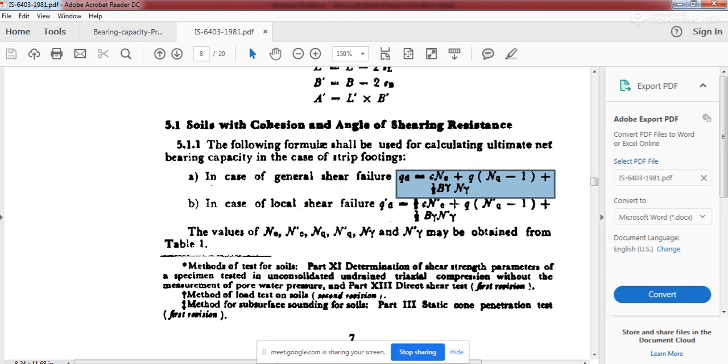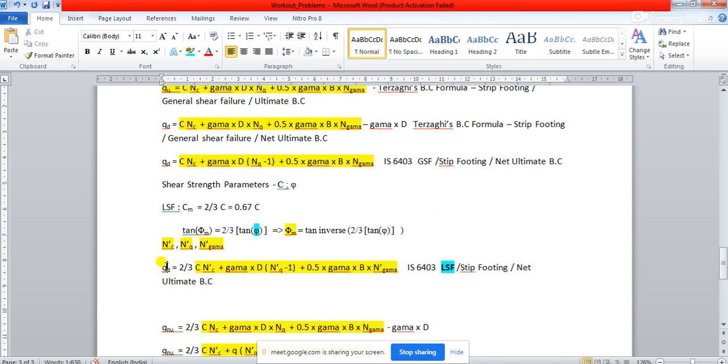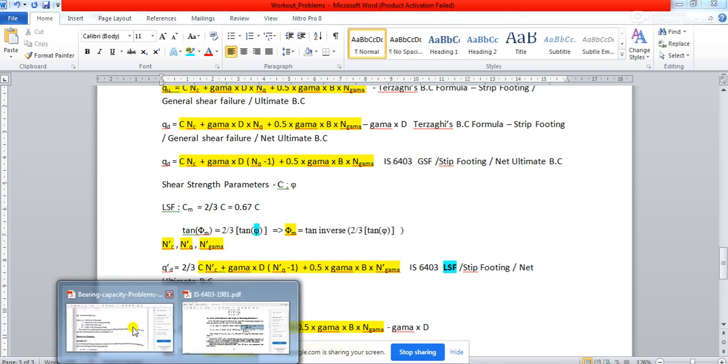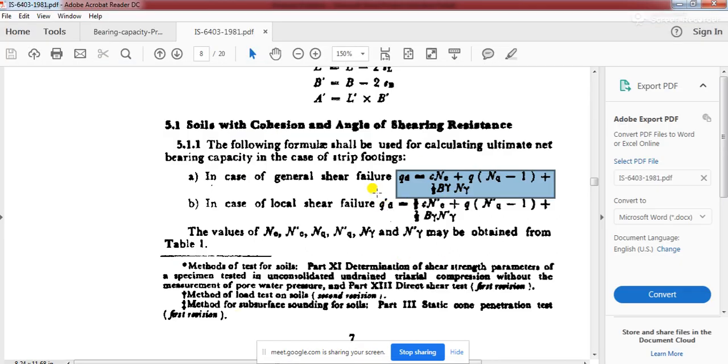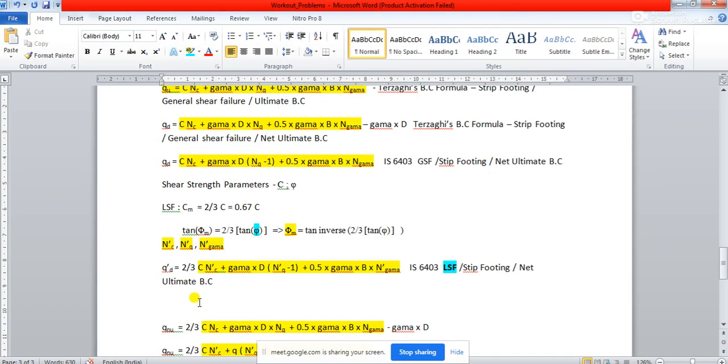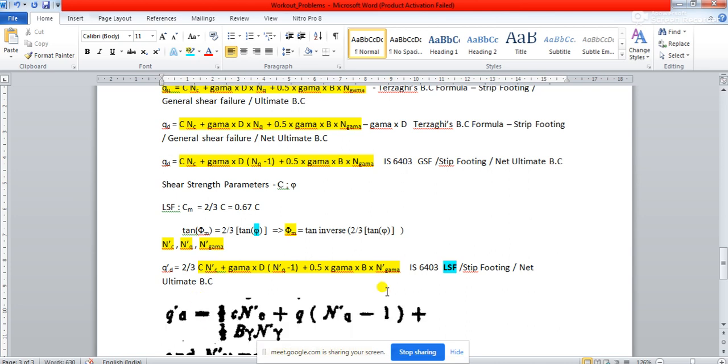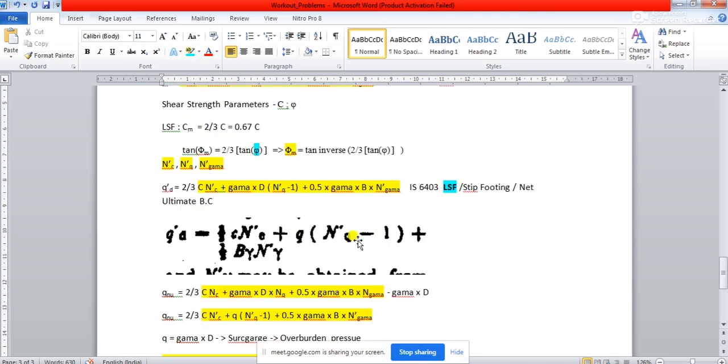Sorry, here you should also write qd dash, because this is the local shear failure criteria. And the code is also saying exactly the same factor. I'll just copy and paste it over here to match it. So this is what the code is saying.